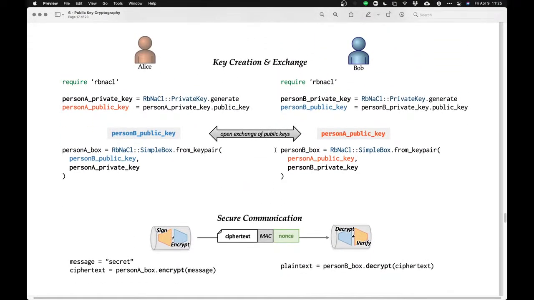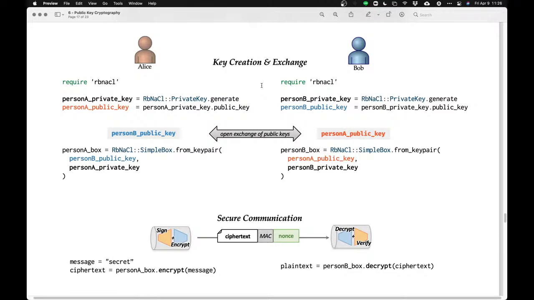All right, cool. Question. With secret box, we had simple box, and the difference was you don't need to make a nonce. With box, we again have a simple box variant. You don't have to make the nonce. If you can just use simple box, why would you ever use secret box or box?